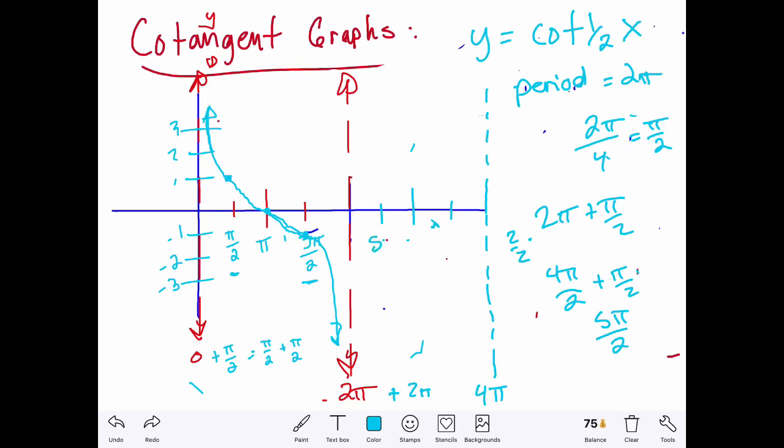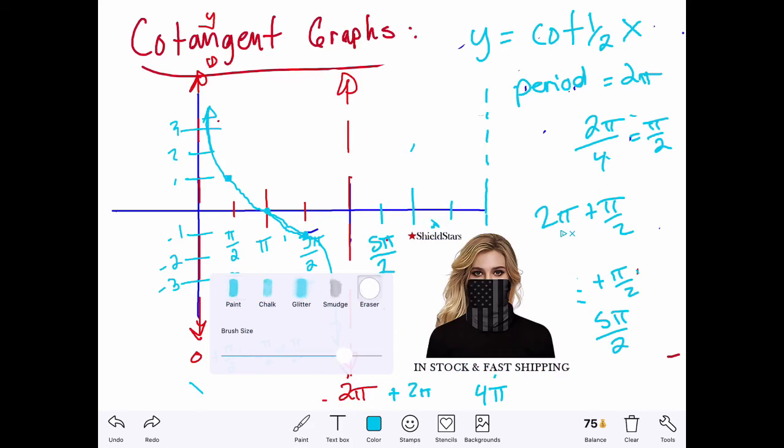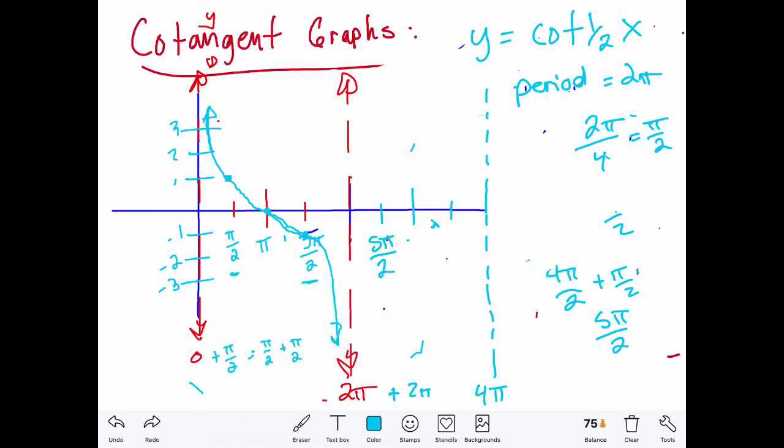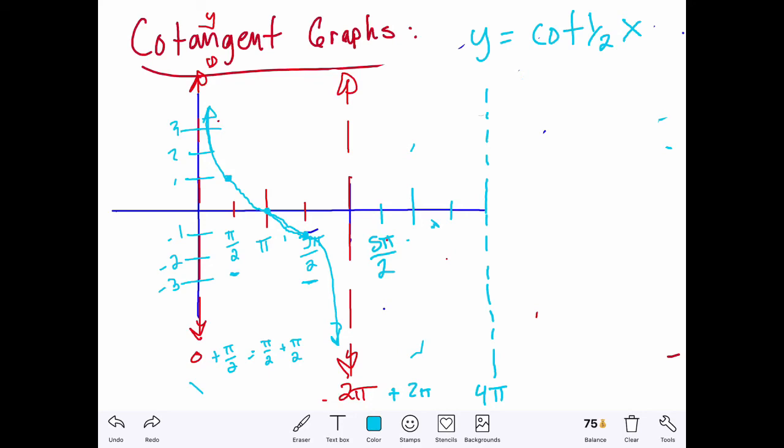And I could keep going, adding pi halves each time. Okay, so let's evaluate a function to show that we could. But it's again going to take the same shape, and at our intermediate locations, it should be at whatever the amplitude value is if it hasn't been transformed in some other way, shape, or form.